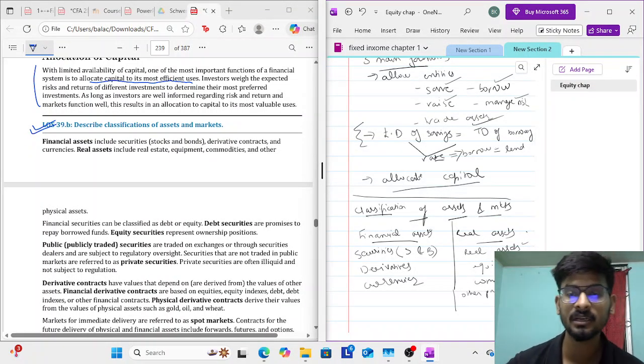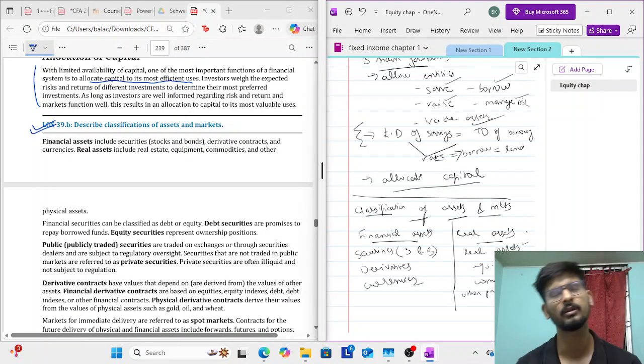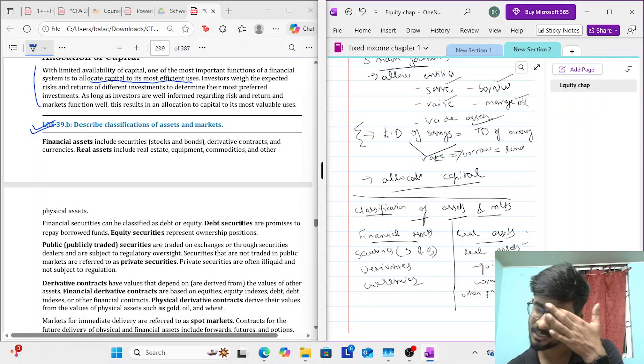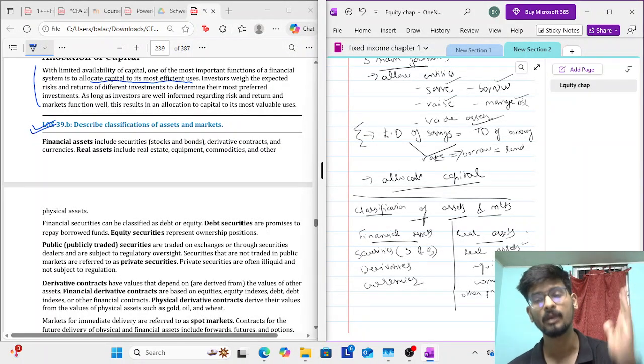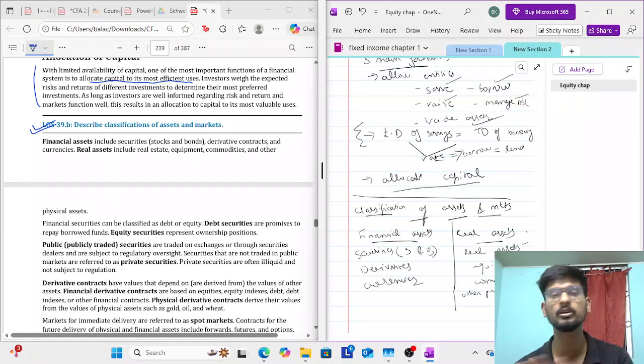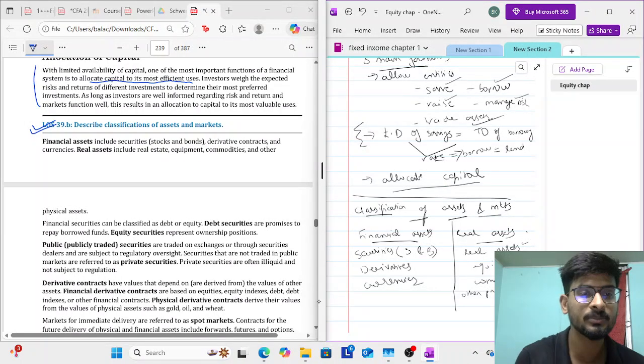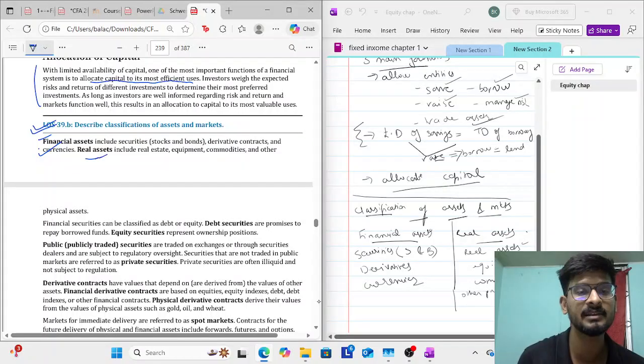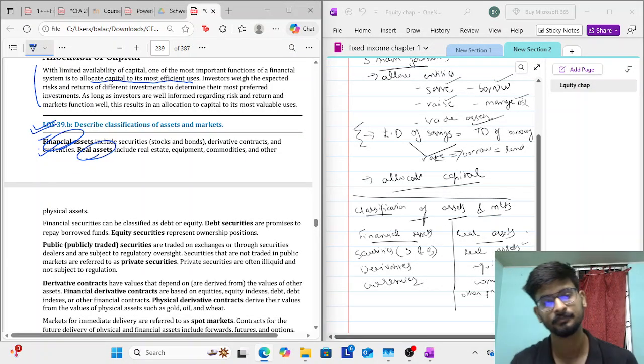Securities you cannot touch, derivatives you cannot touch, currencies also you cannot touch. So what all assets you cannot touch come under financial assets, what all you can touch come under real assets. That too depends, you should apply logic. So this part is very much clear, I guess, financial assets and real assets.